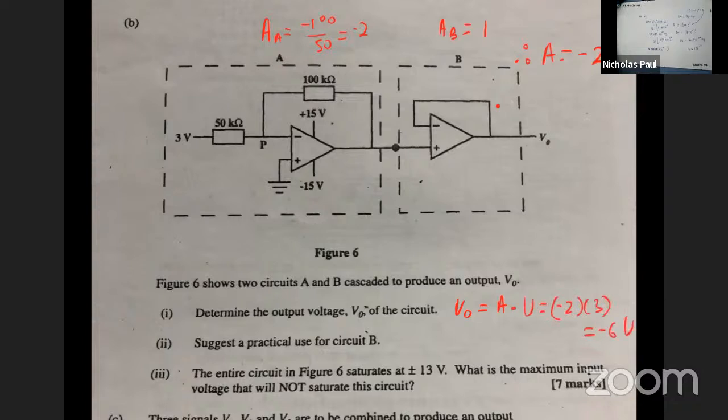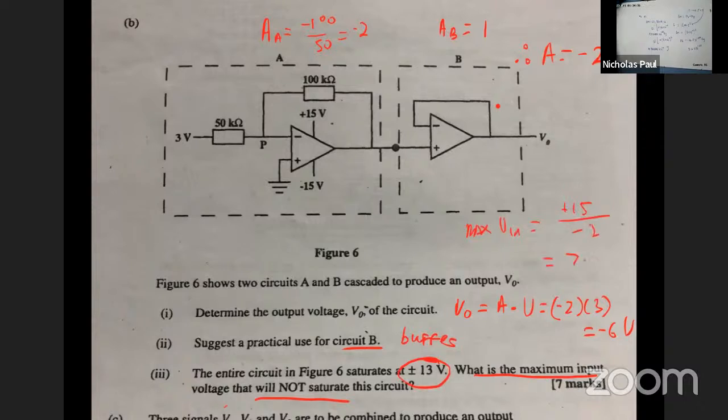A practical use for B is a buffer, a voltage follower. The entire circuit in figure 6 saturated at plus or minus 13. What is the maximum input that will not cause saturation? So maximum Vin is the supply over the gain. The gain was minus 2.